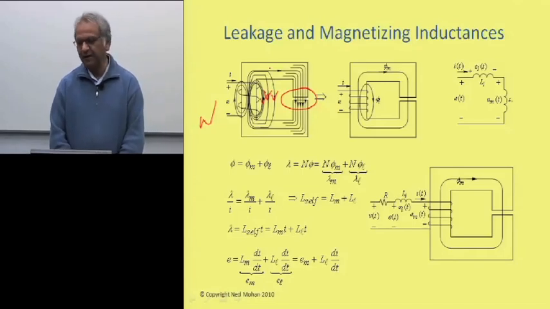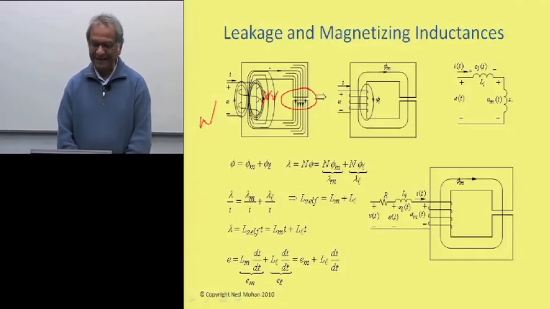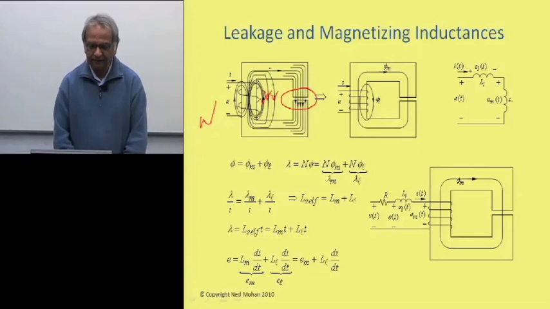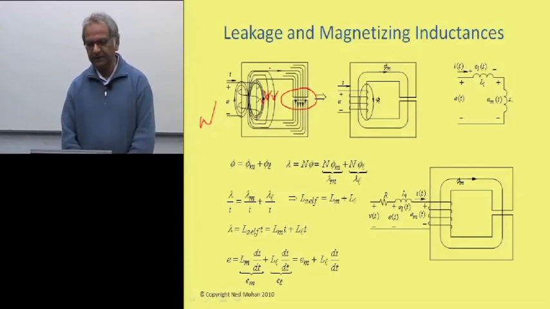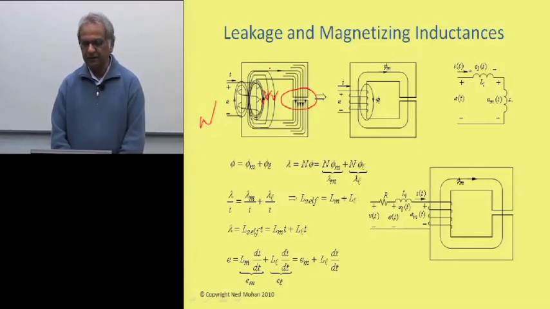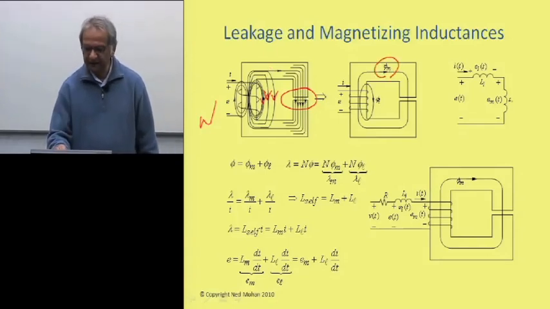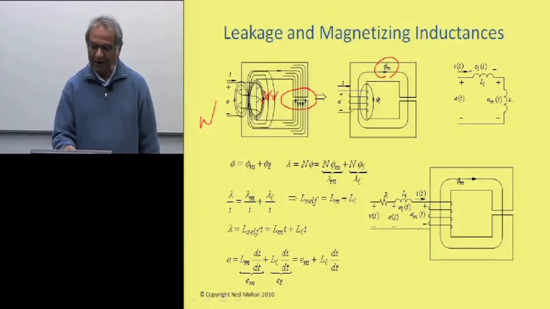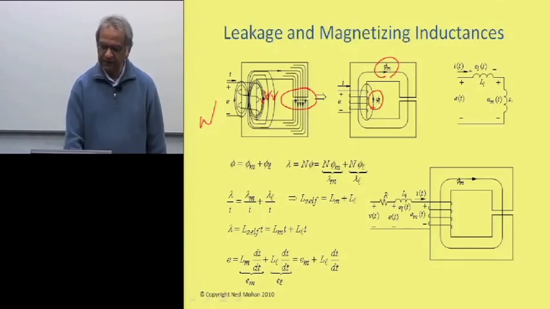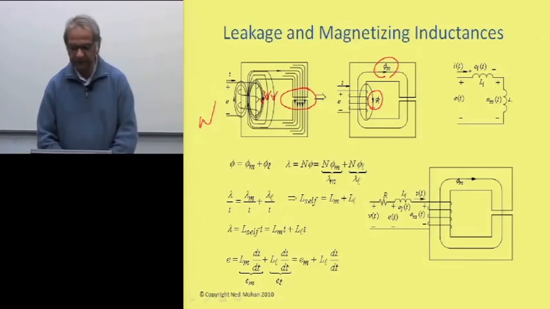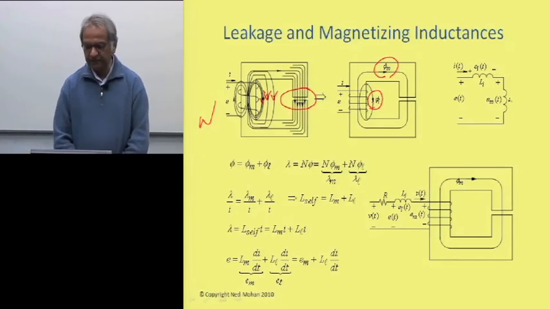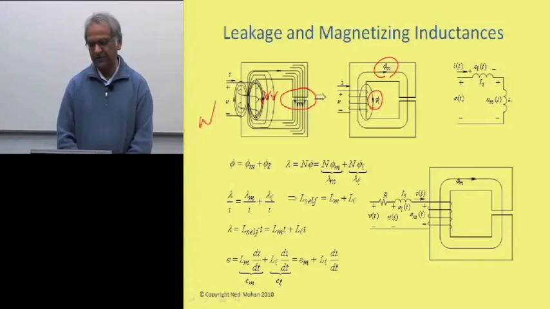But we'll simplify our analysis by thinking of this as consisting of two fluxes. One is this magnetic flux, which is entirely in the core, crosses this air gap as shown here, and links all N turns. And then we have a leakage flux, which flows through the window of this core, but also links N turns.